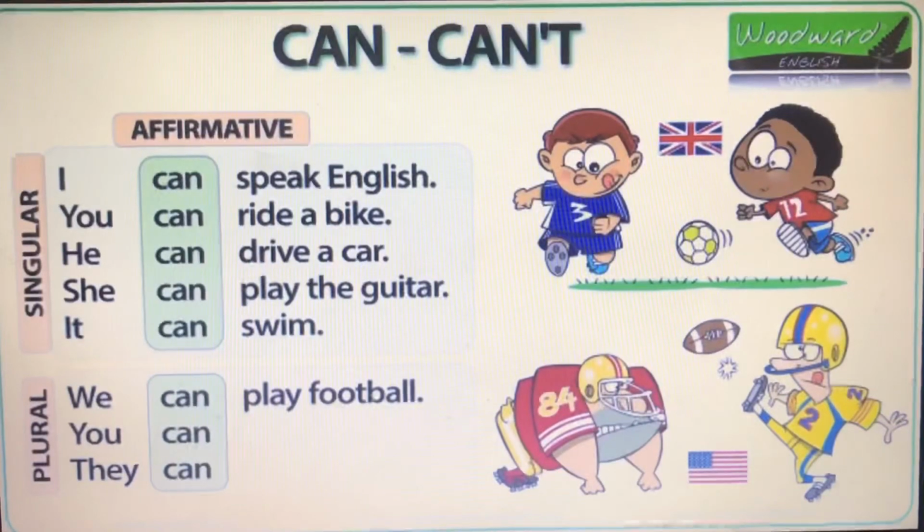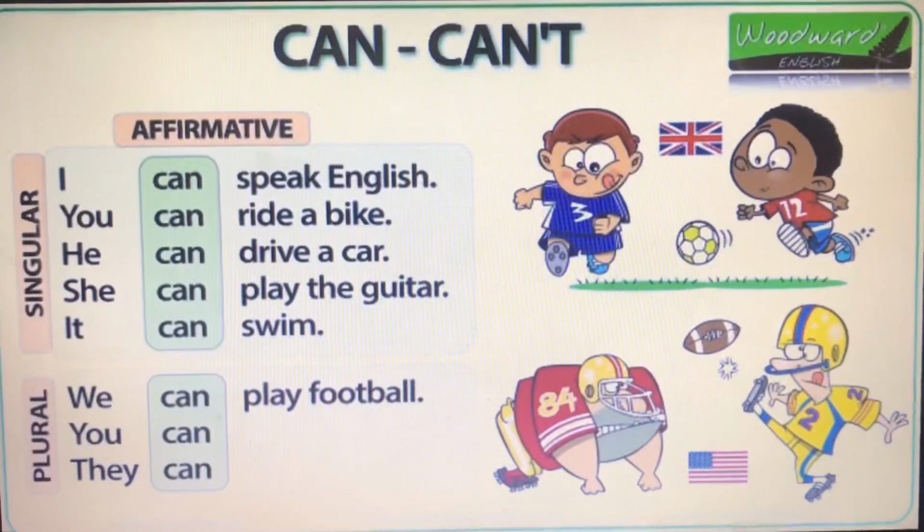And after that, we will have the verb in its normal form, like speak, ride, drive, play, and swim. We have to be careful with the verbs. Remember, use them in their singular form, okay? Now, let's take a look at some examples.